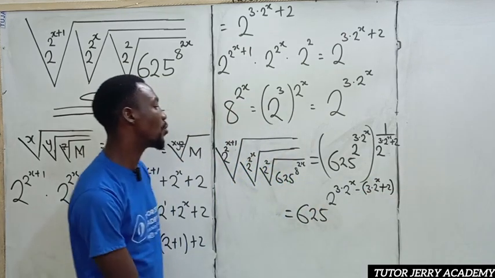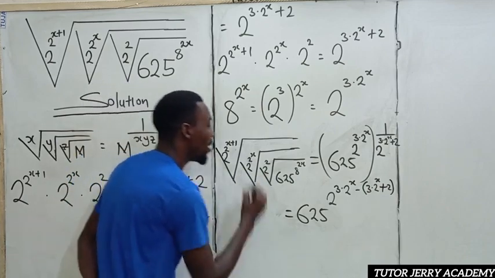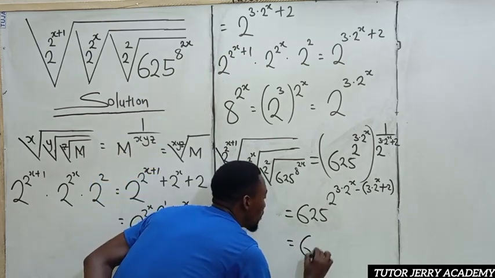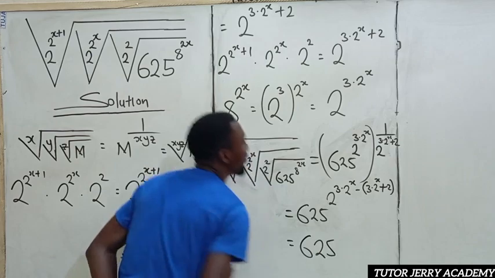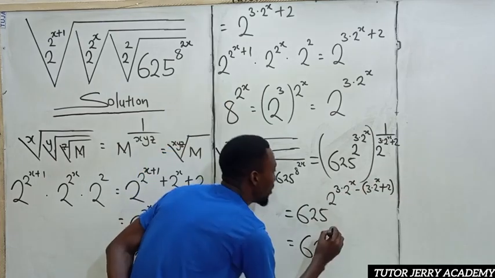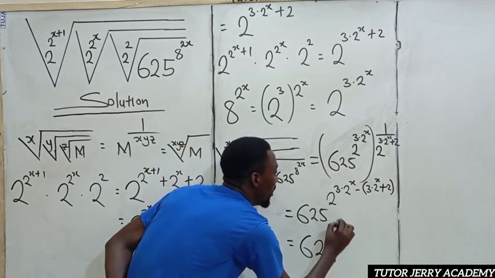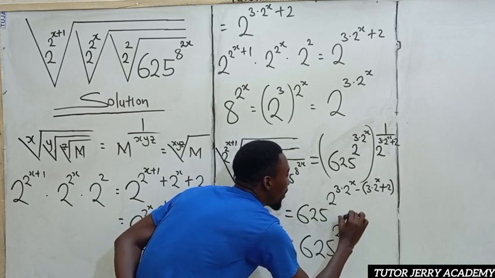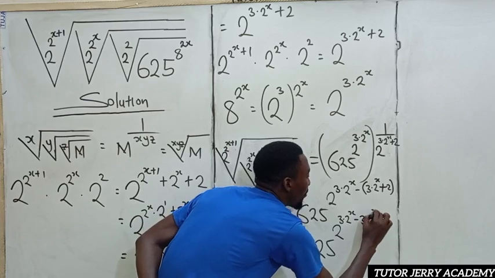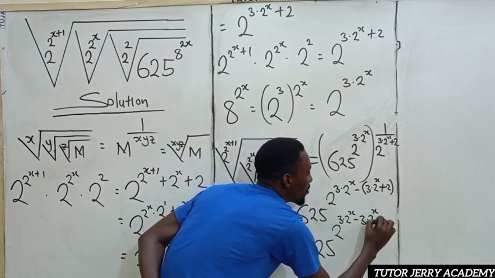All right. Now if you clear the bracket, we are going to have 625 to the power of 2, then 3 multiplied by 2 to the power of s minus 3 multiplied by 2 to the power of s, minus times plus is minus 2.